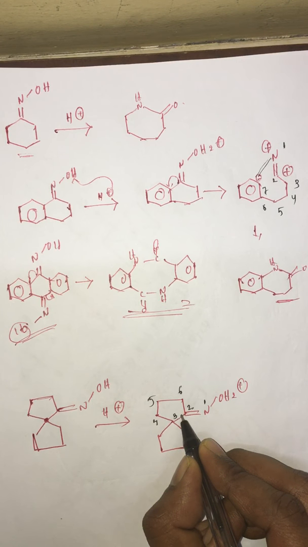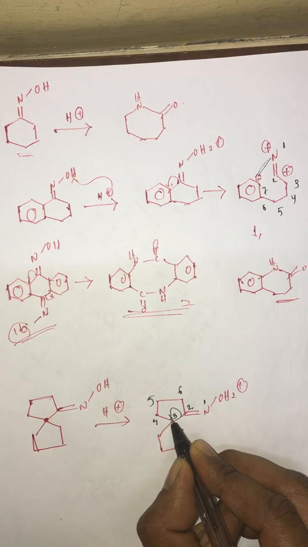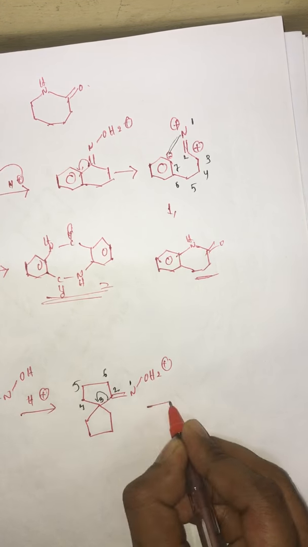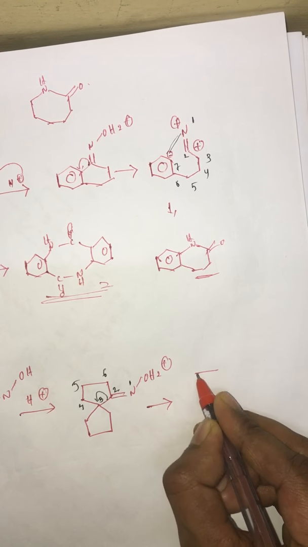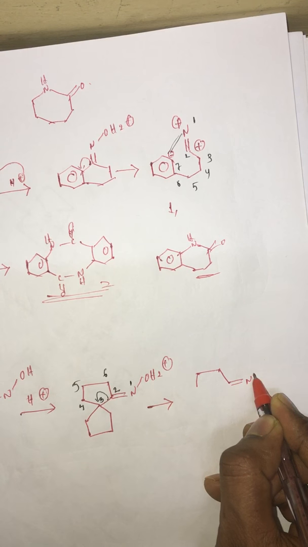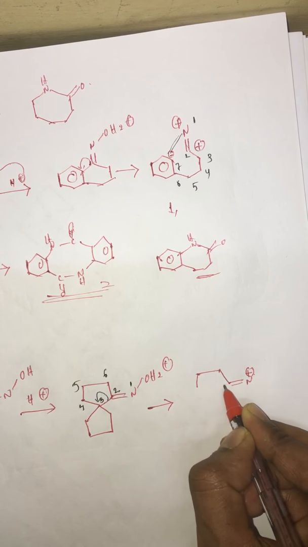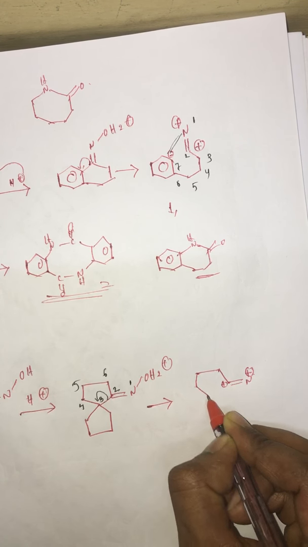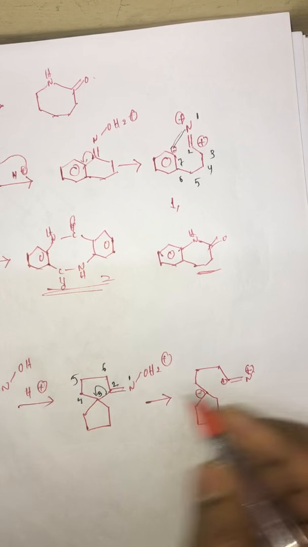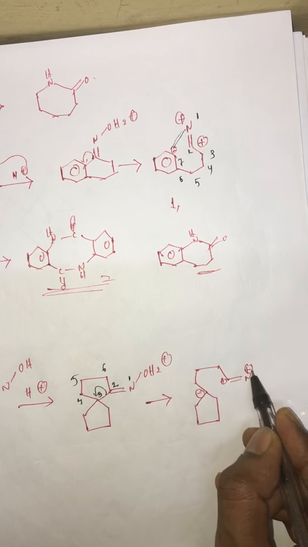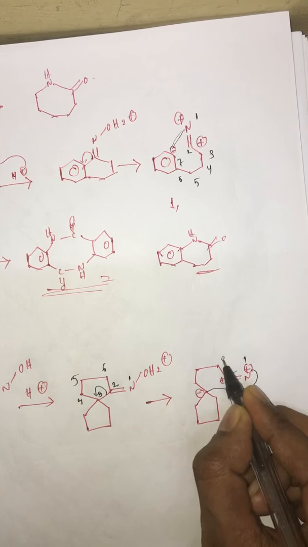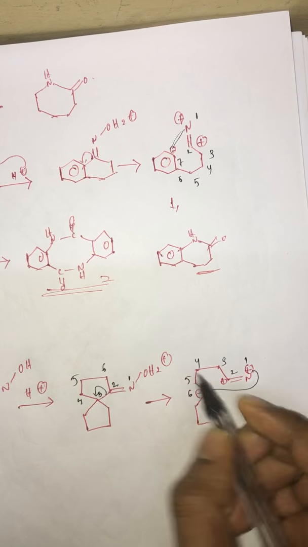Imagine that if it comes like this, then it will become N plus, and again here plus, and here a negative charge is there. Now these two form a bond. Here we can give 1 2 3 4 5 6, a six-member ring is forming.